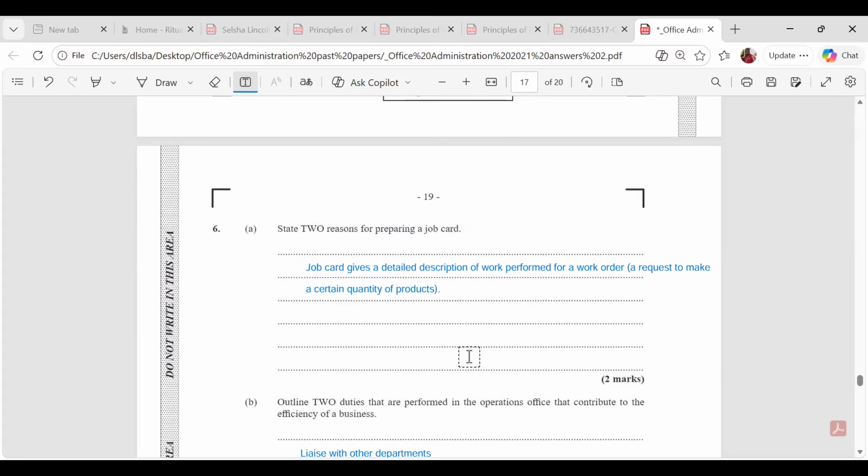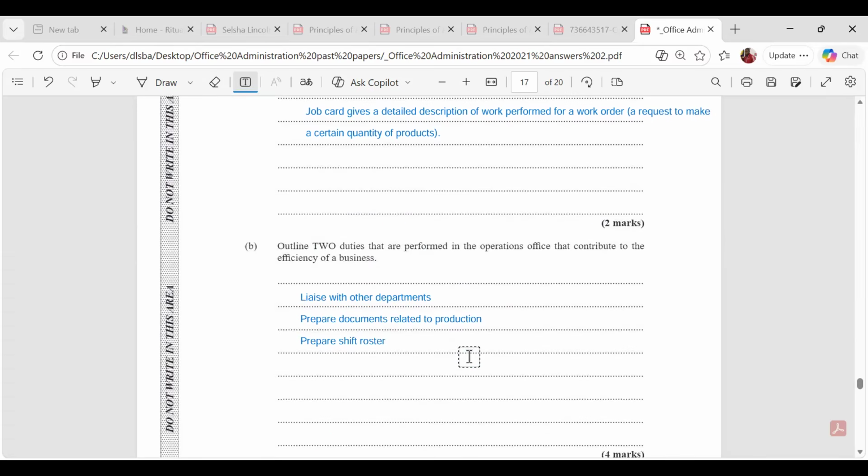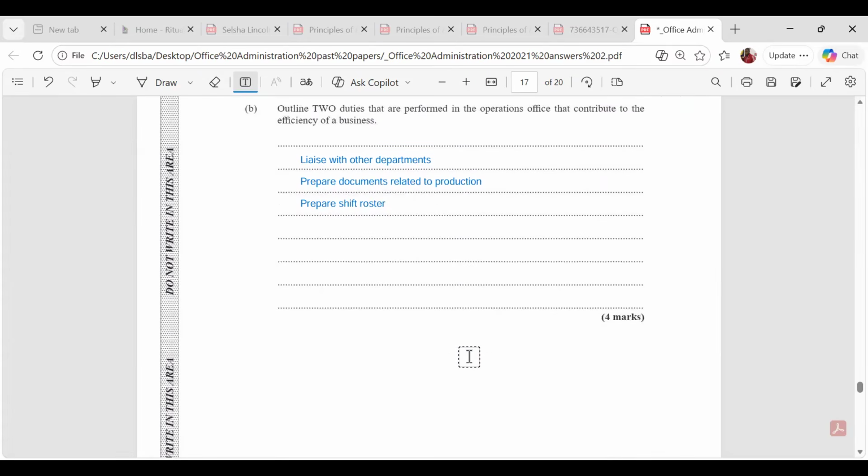Outline two duties that are performed by the operations clerk to contribute to the efficiency of the business. Liaise with other departments, that will always be a function of every department.